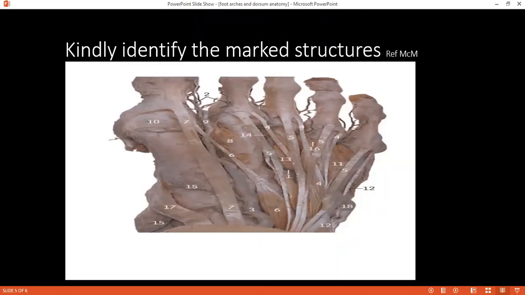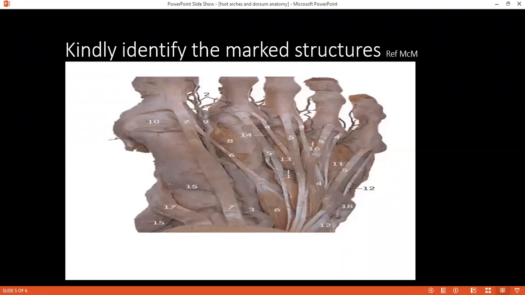Can you tell me how the extensor hallucis longus muscle inserts and where? It inserts into the distal phalanx of the great toe. Distal phalanx, okay.